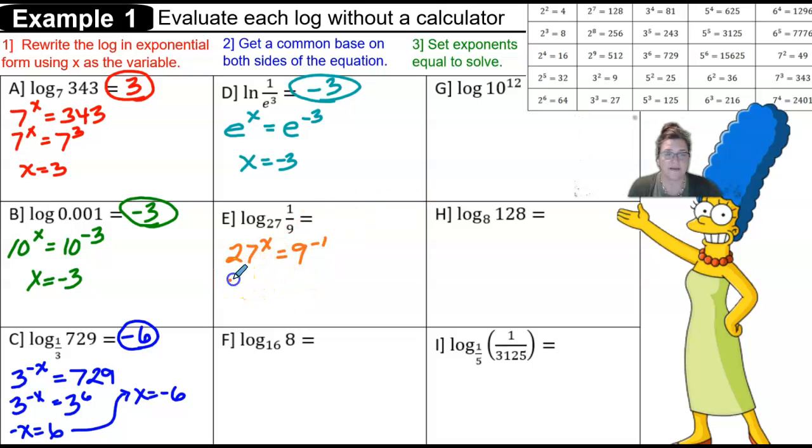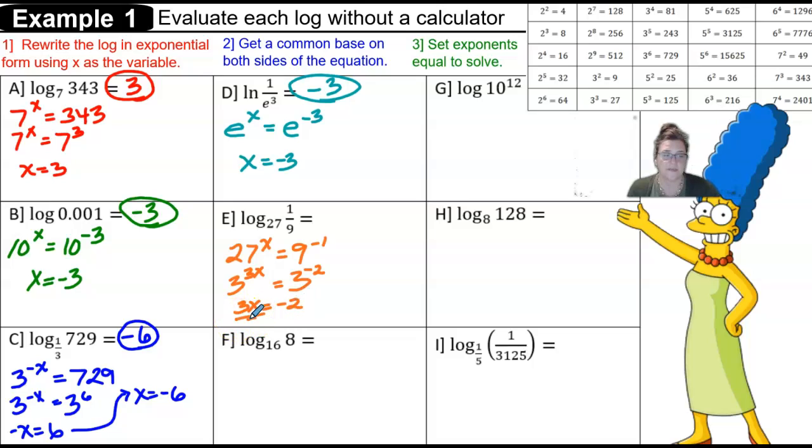So 27 is 3 to the 3rd, and there's already an x in my exponent, so 3 to the 3x. 9 is 3 squared, and 2 times negative 1 makes that an exponent of negative 2. Now that my bases are equal, I can set my exponents equal, and 3x equals negative 2.